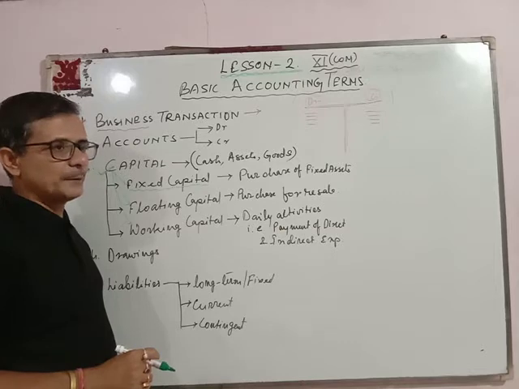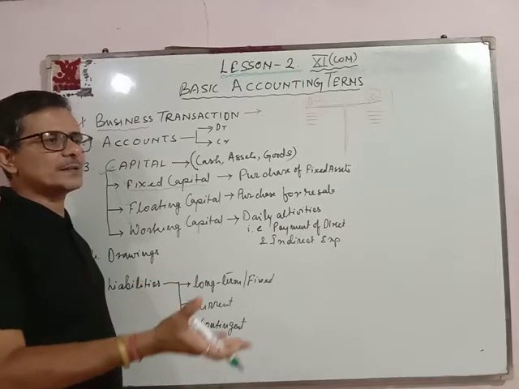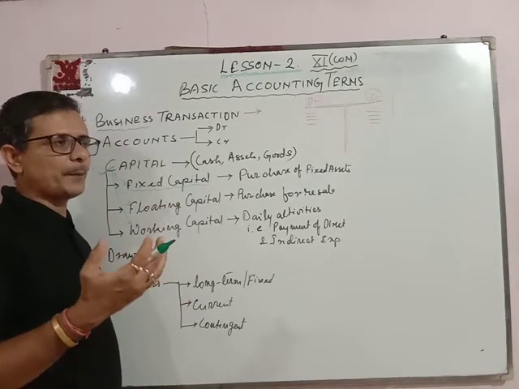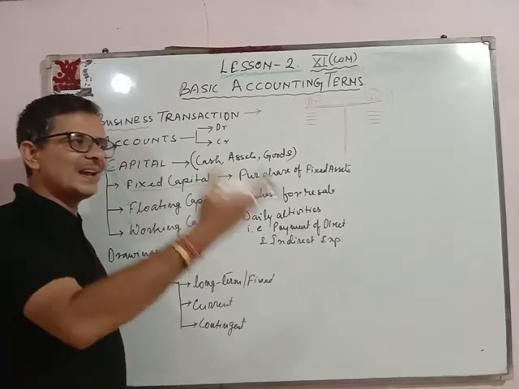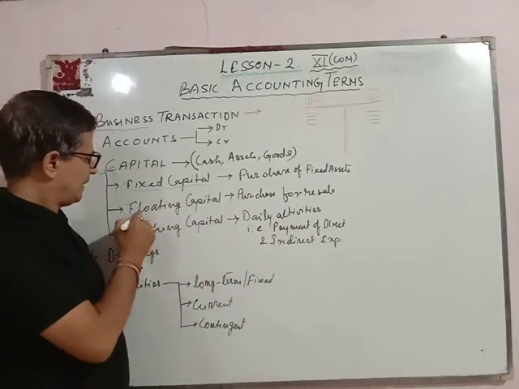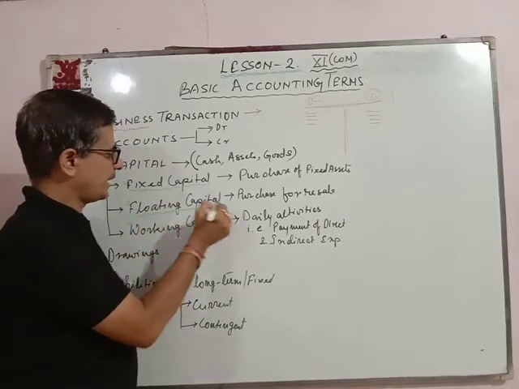But a few goods are there which he buys and keeps in the shop with a point of view to resell it and then earn profit. That is known as floating capital. Now this is floating capital.